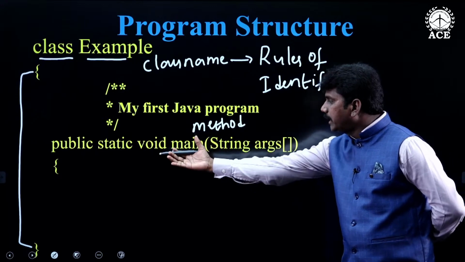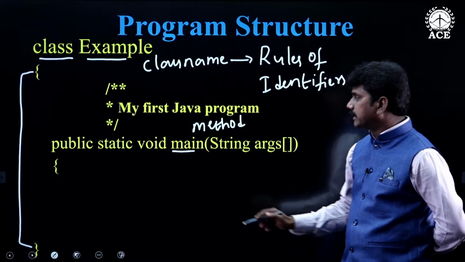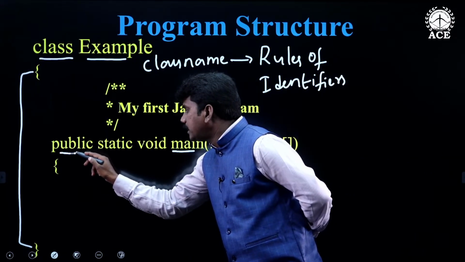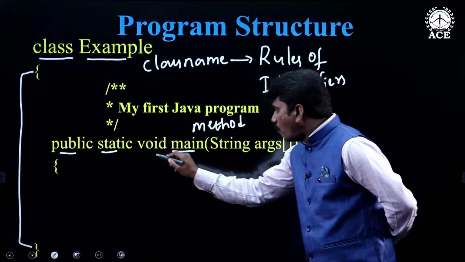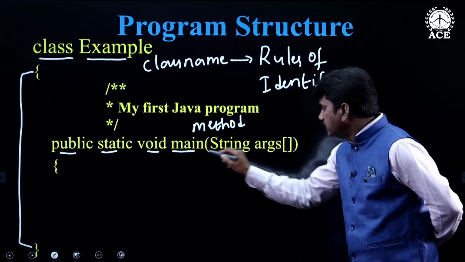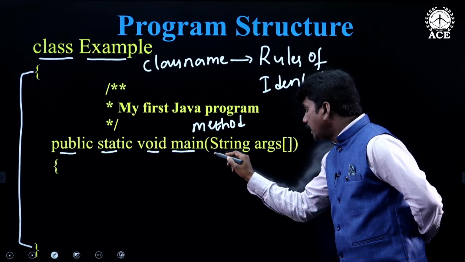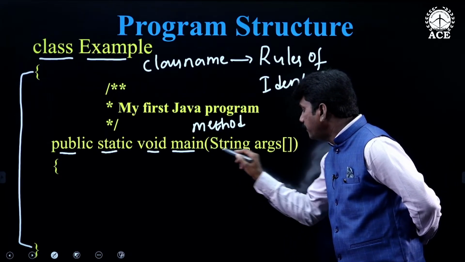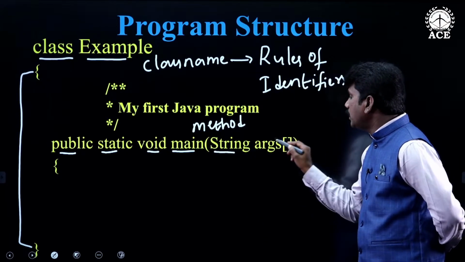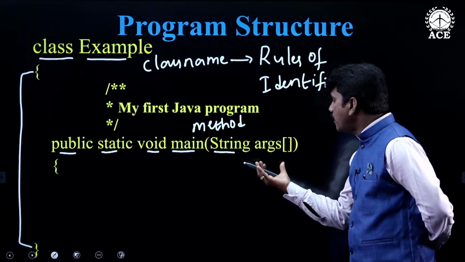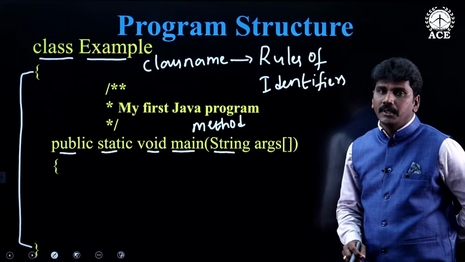So how can we write the main method? It is like this. The first one is public, second one static, void main, and then the parameter we use in the main method is String args. One array of strings we are going to use.